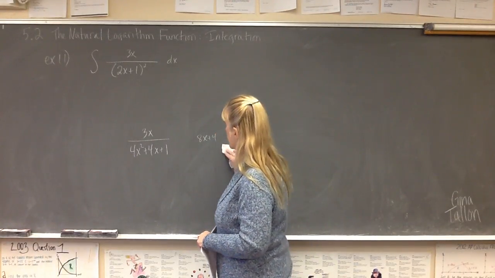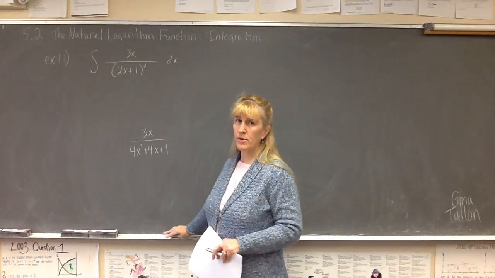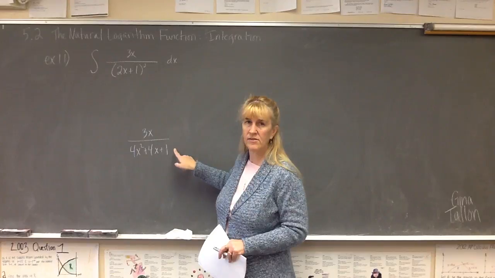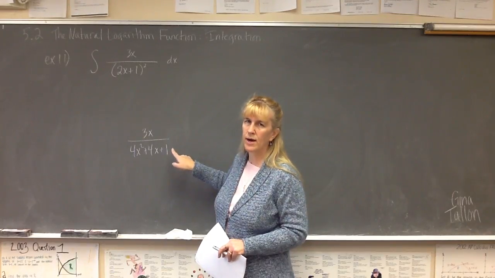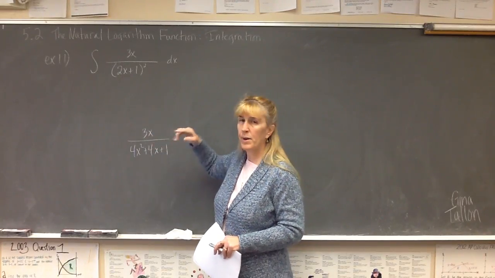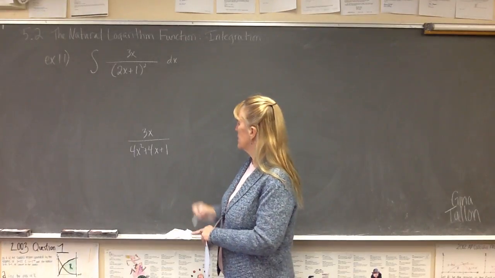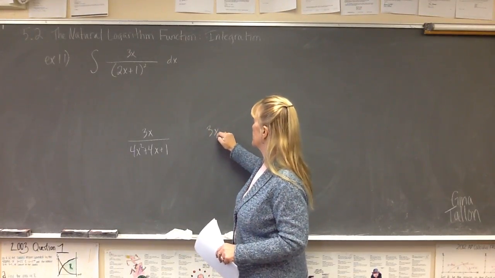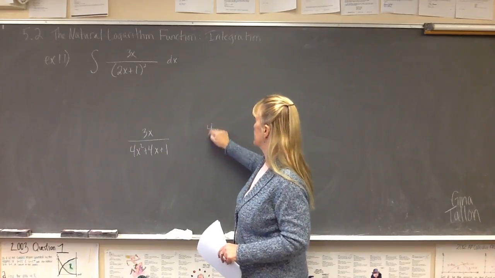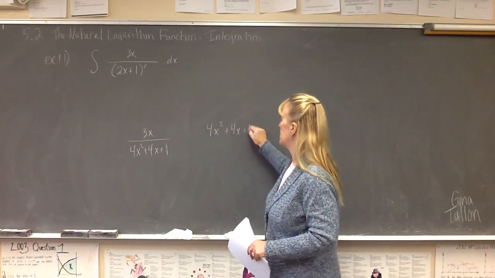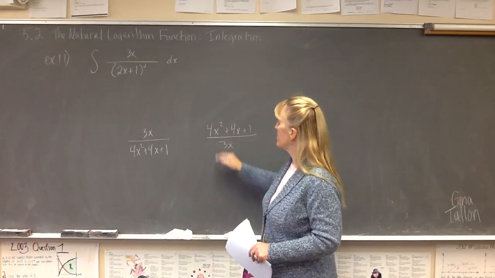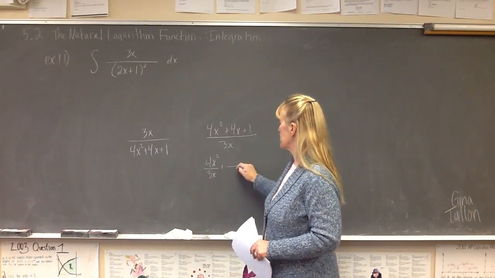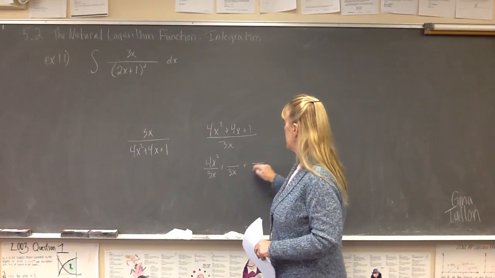It's kind of weird. And I know that many people are probably thinking, well, 3x over this, 3x over this, and 3x over this. Please don't think that. That is not proper. This is, if you had a polynomial that were upside down, and you had something like, I'm just going to say 3x, I'll turn it upside down for you, 4x squared plus 4x plus 1 over 3x. Then you can split this into the same denominator 3 times, okay?